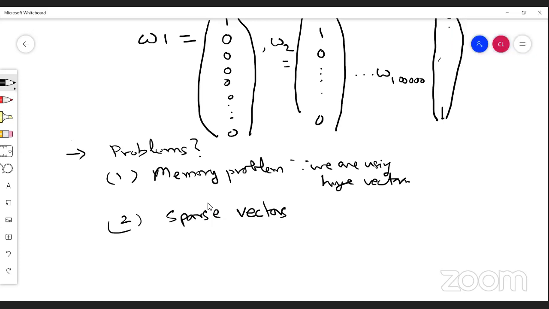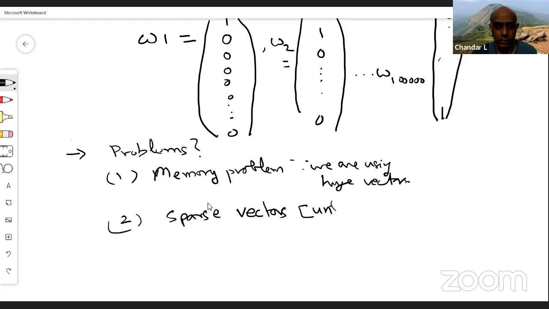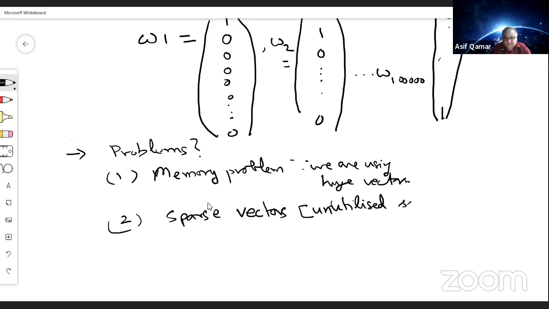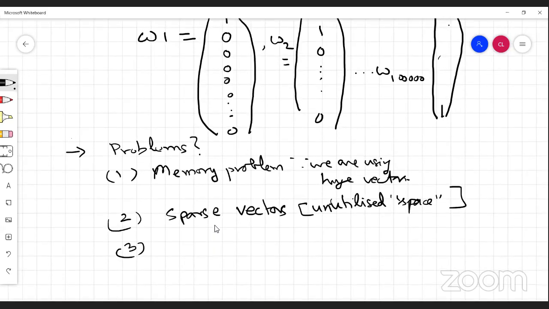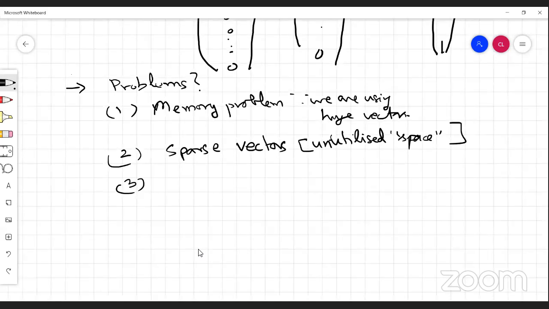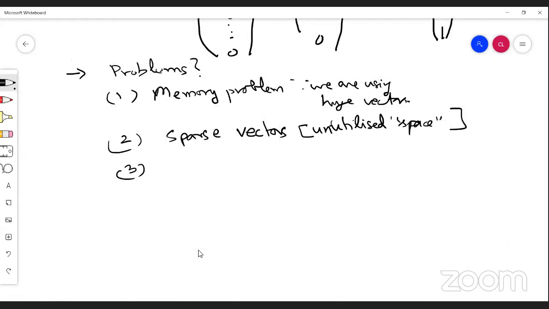So we have a lot of unutilized space in some sense. And the network issue, like passing data across the chip, the bandwidth that would be needed for that is in some sense related to this.